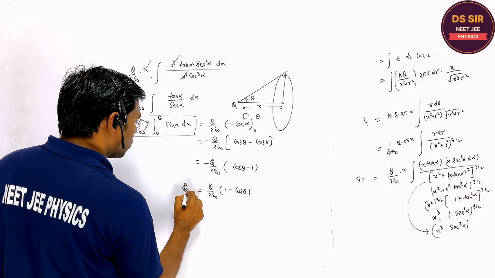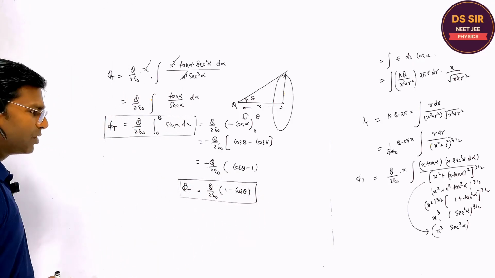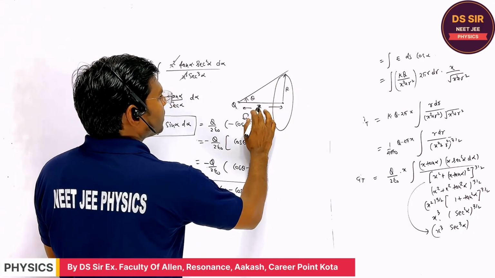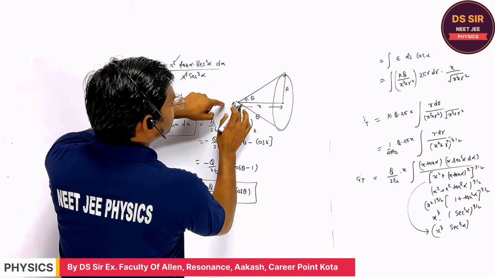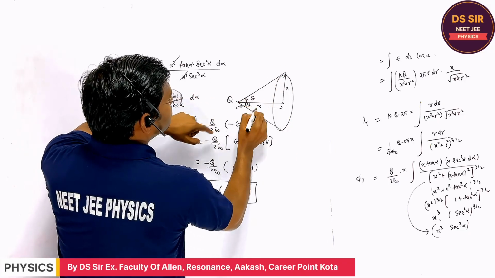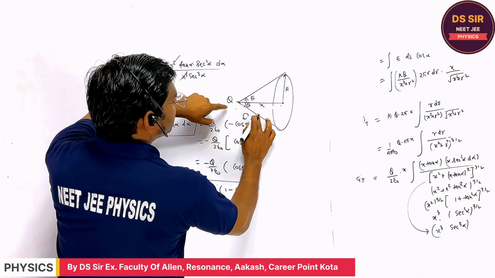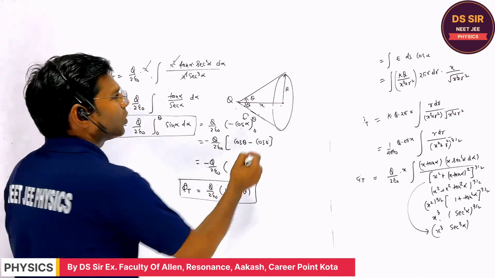So this is the total flux linked with this disk, right? The radius is capital R, this distance is x, or you can say the charge q is making the angle theta, right? This is the distance x, this angle is theta, like this, 1 minus cos theta. What is the cos theta?